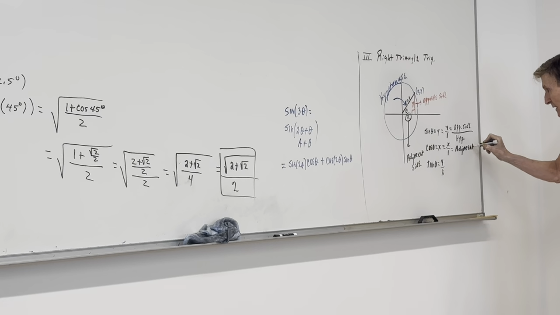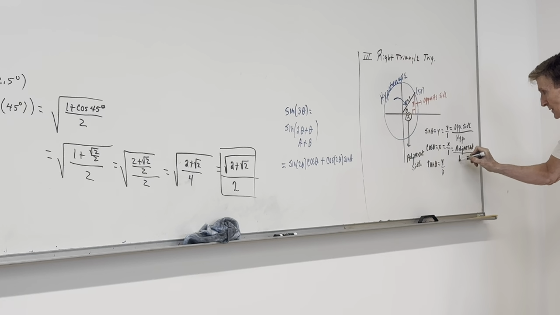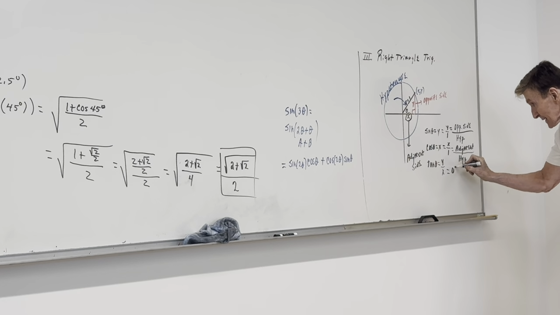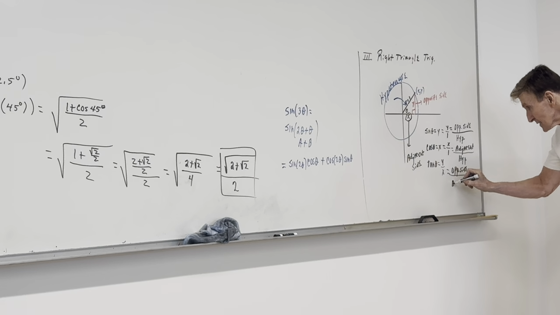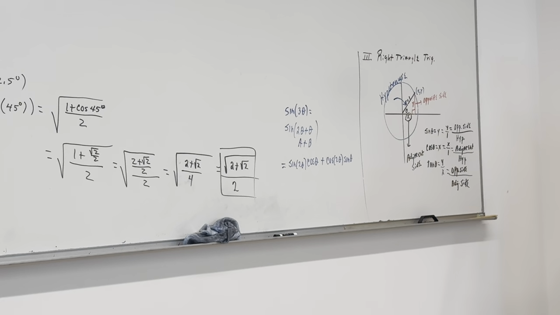The adjacent over again hypotenuse of 1. Tangent, Y over X, the opposite side over the adjacent side. You guys recall this?